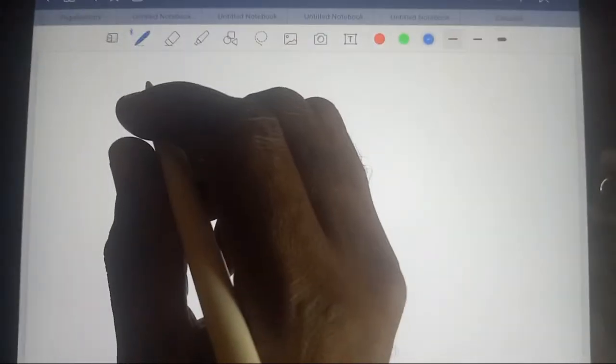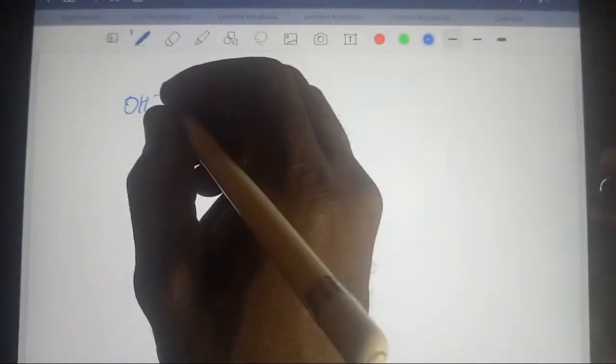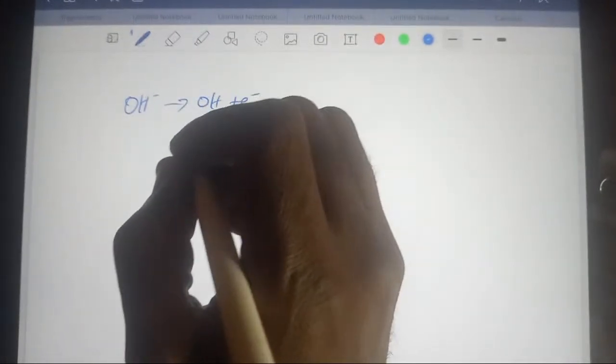If you come to the half cell equation during electrolysis of dilute sodium chloride, at the anode, oxygen is liberated, but it's liberated from the hydroxyl ion. So the hydroxyl ion will invariably lose 1 electron. This is supposed to be 4 in number. If you write this 4 times, that's only when you can get oxygen.